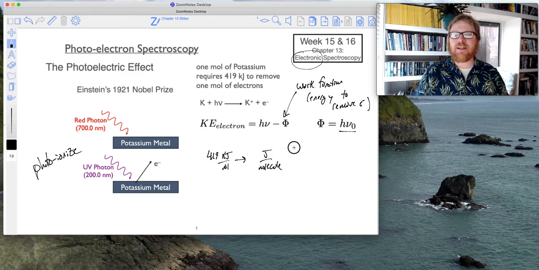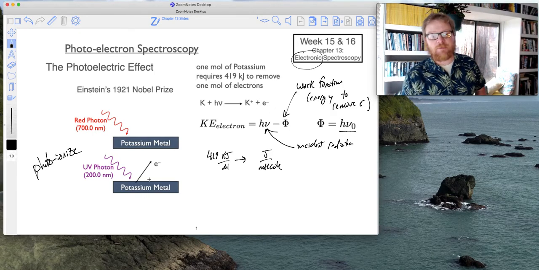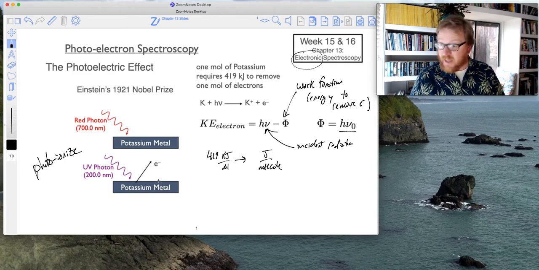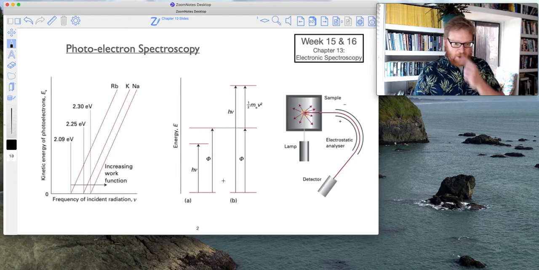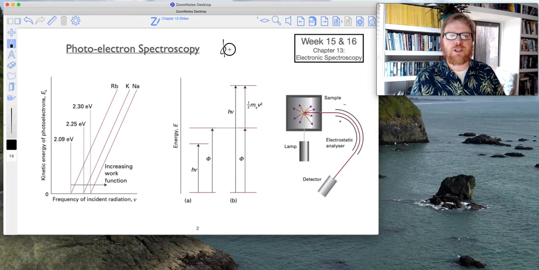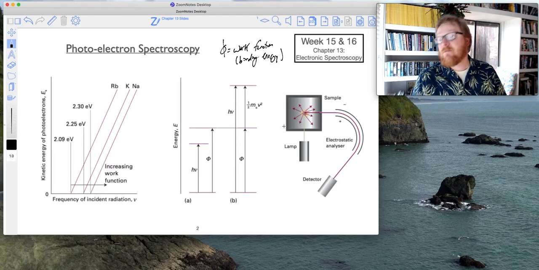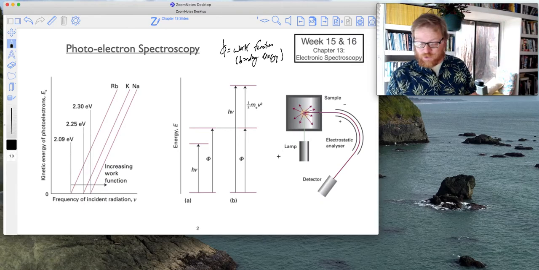And if my incident radiation has a frequency that's larger than the frequency of the work function, then photoionization will be induced. Okay, so if we look at that a little bit more specifically, here we can see on an energy level diagram, here is phi, our work function. Sometimes this is also referred to as the binding energy because it's the energy required to remove an electron.